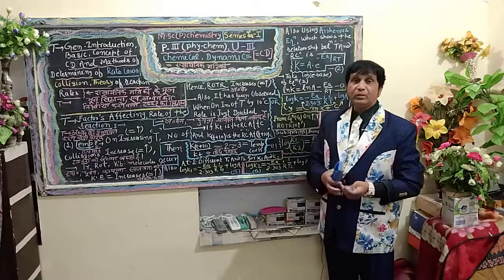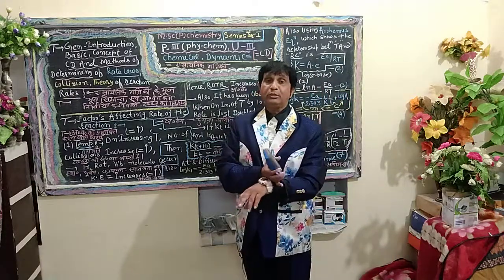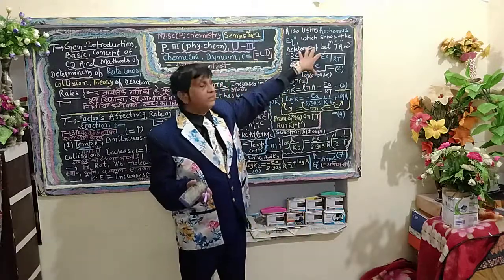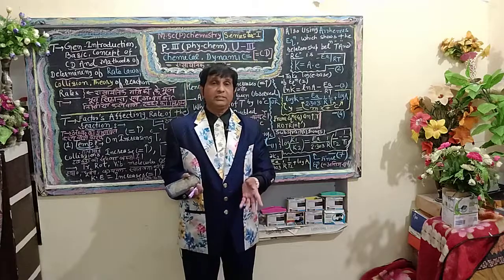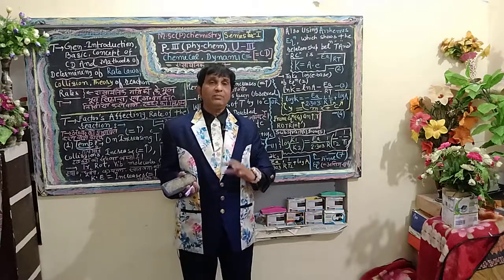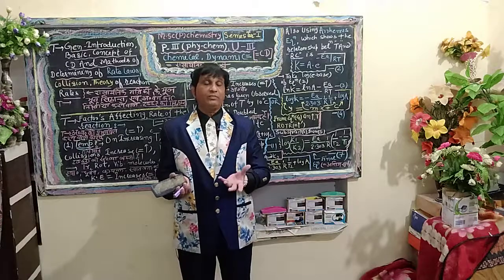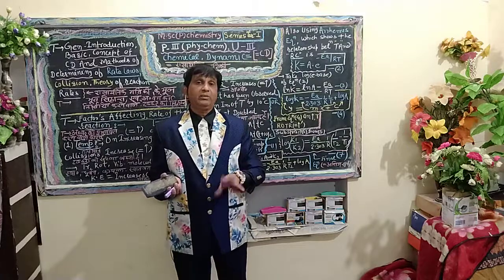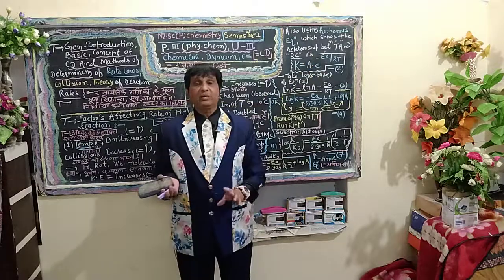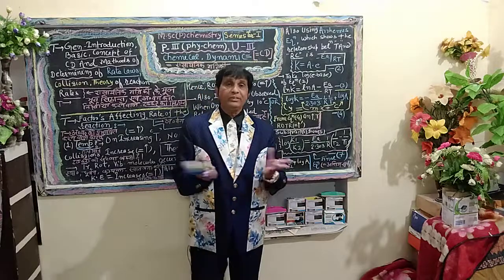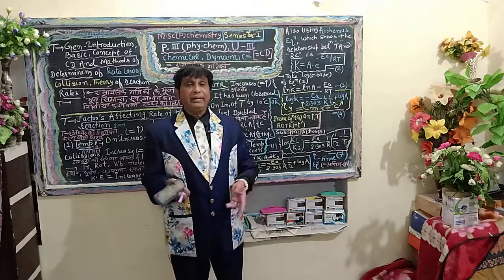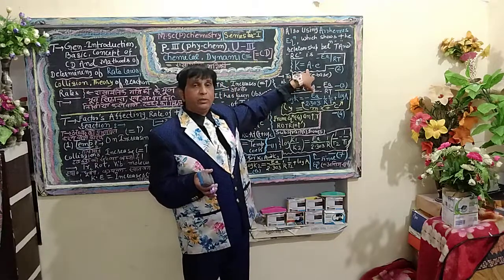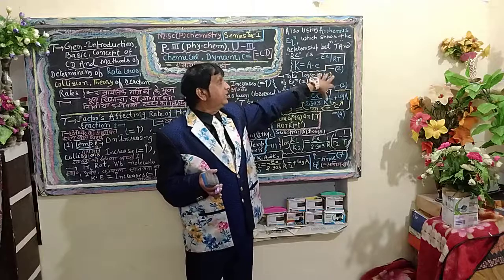So the first factor is kinetic energy, the second is the temperature coefficient, and the third factor responsible for enhancing the velocity of the reaction on increasing temperature is the famous Arrhenius equation, which gives the fundamental quantitative relationship between temperature and the velocity constant K. The Arrhenius equation is K equals A e to the power minus E upon RT, equation number 2.